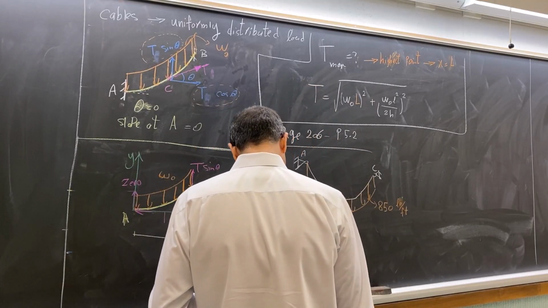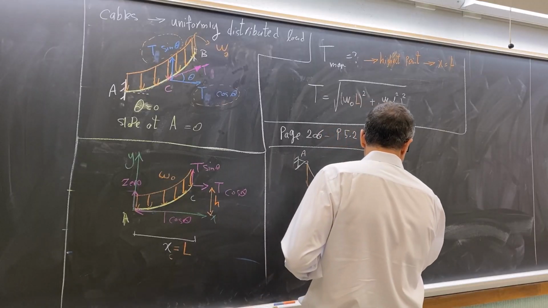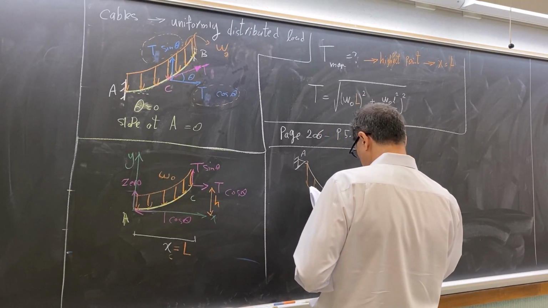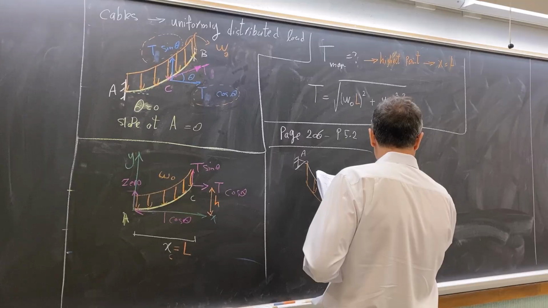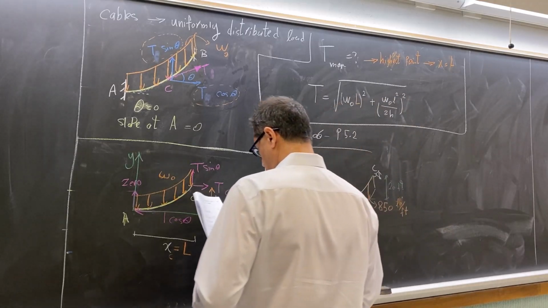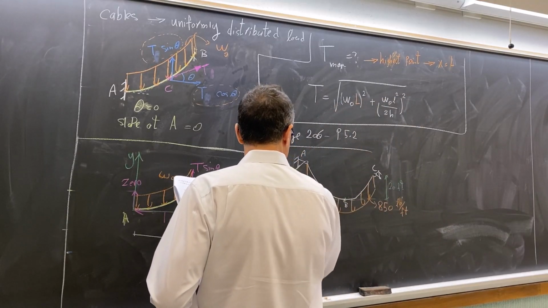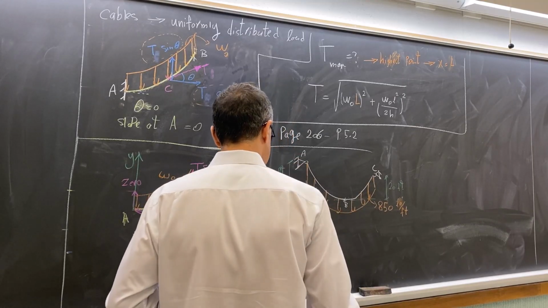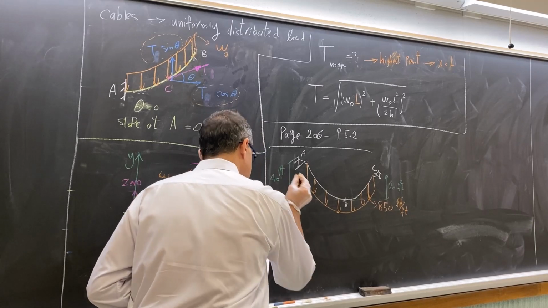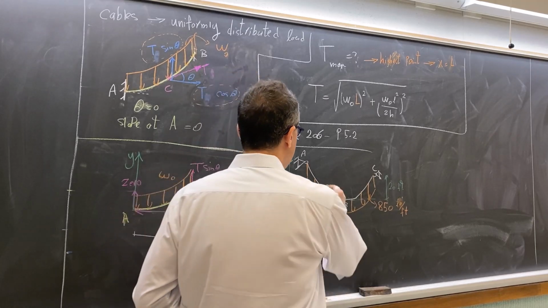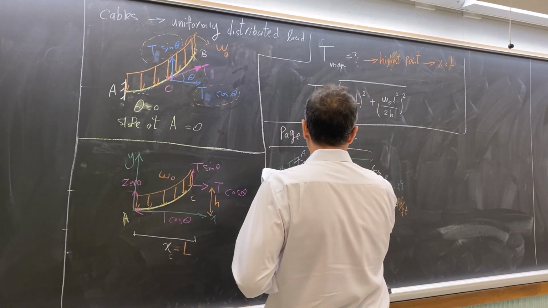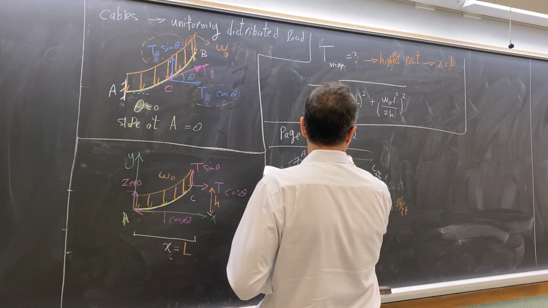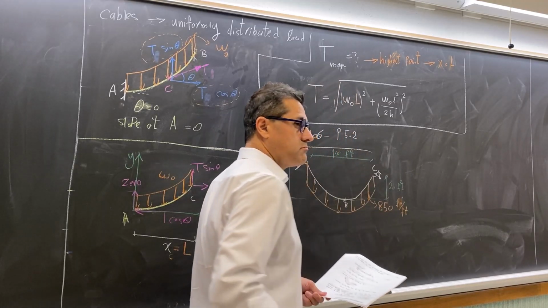The dimensions are given. The height of point C is 20 foot. The height of point A is 40 foot. So we have the geometry. The distance from A to C is 100 foot.